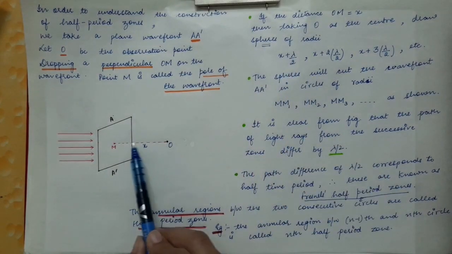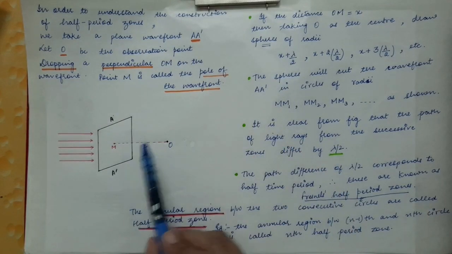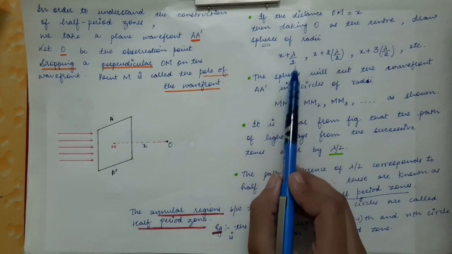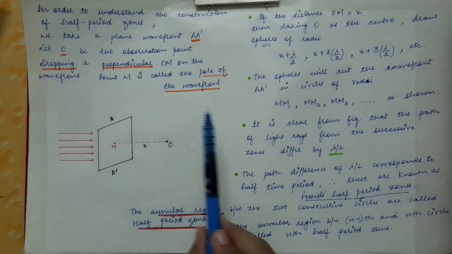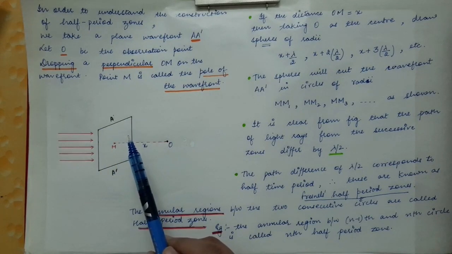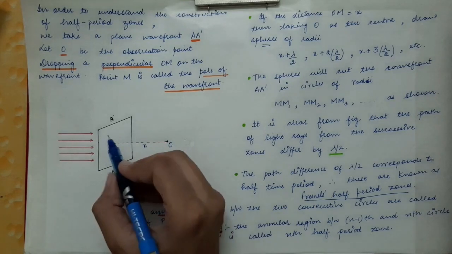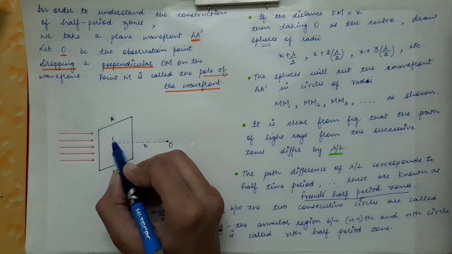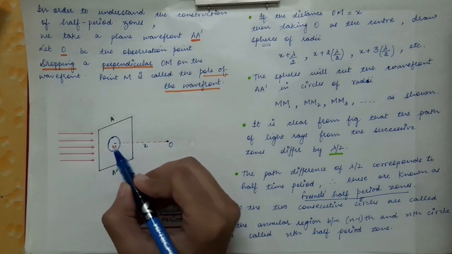So this distance OM is equal to x, and now you draw the sphere of radius x plus lambda by 2. When you draw that sphere, you will see that it intersects this plane wavefront on a circle.